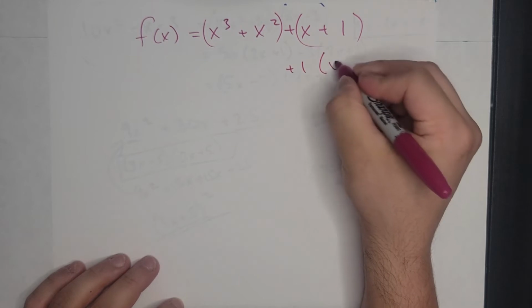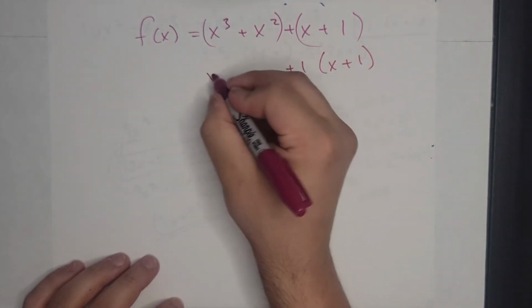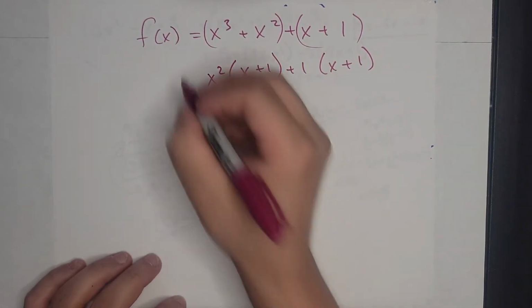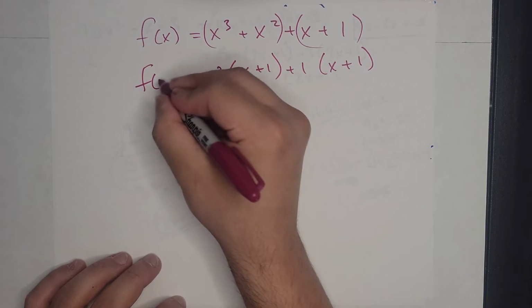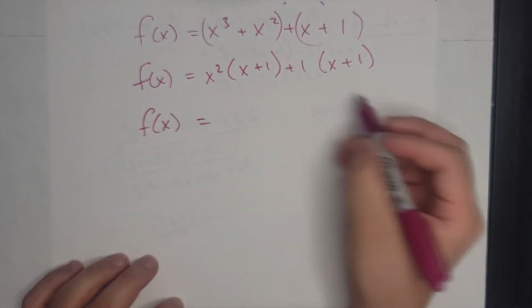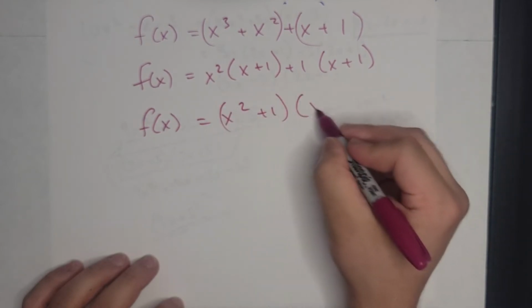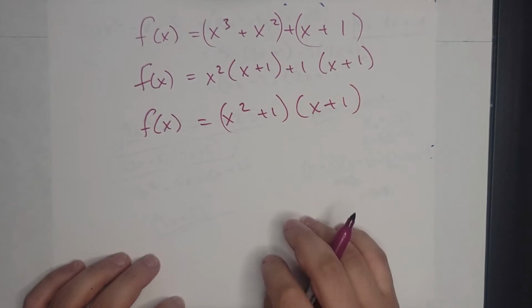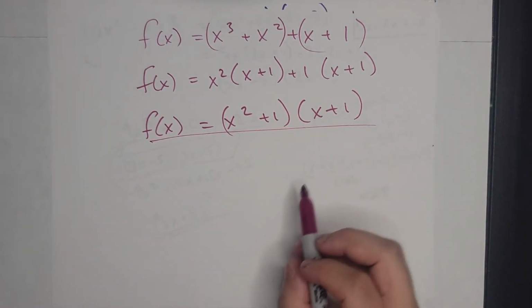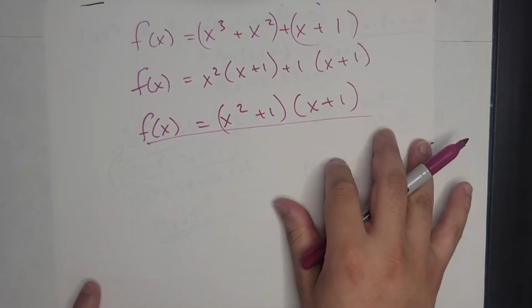I know that when I have x plus 1 here, nothing to factor out there, but here if I factor out x squared, I'm left with x plus 1. It looks scary in the beginning, but look how simple it got. Let's do one more.